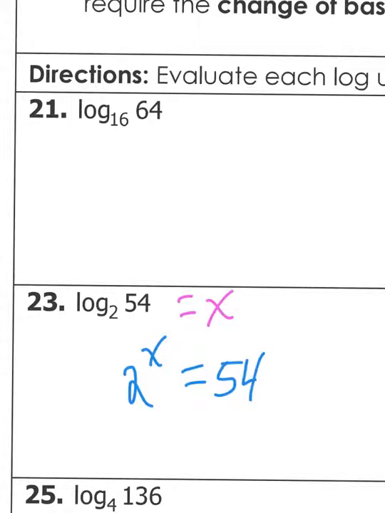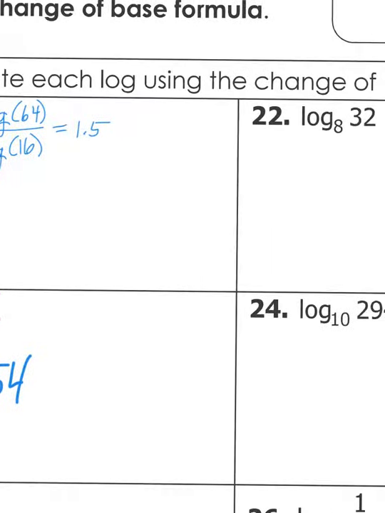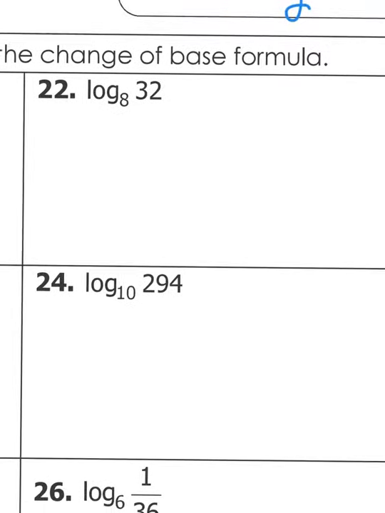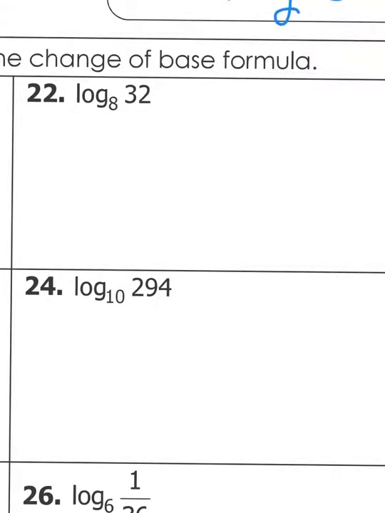All right, so your change of base for this one is log of 64 divided by log of 16, and you get 1.5. If you get a terminating decimal or just an integer, it probably means you could have done it algebraically.